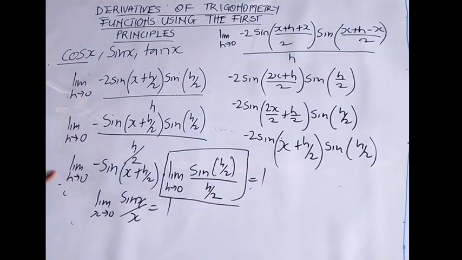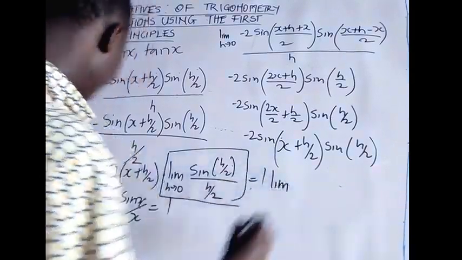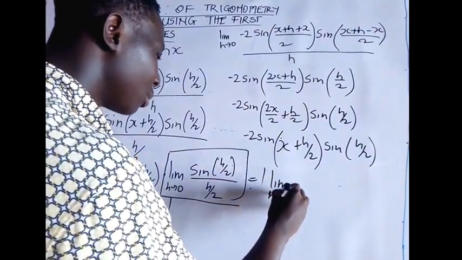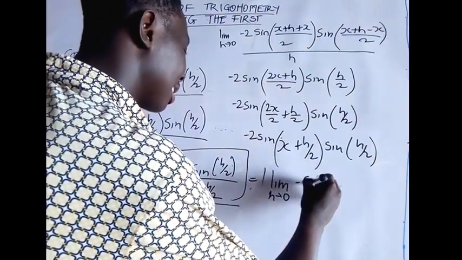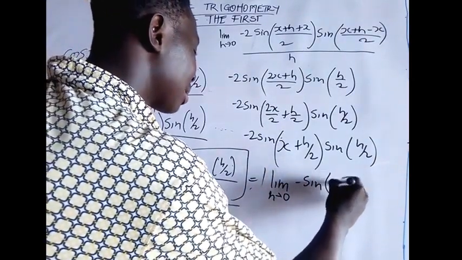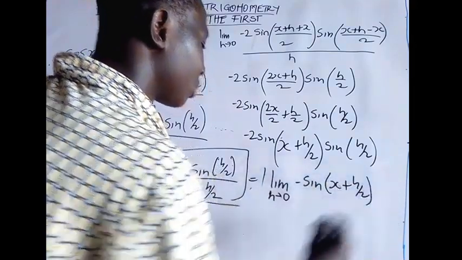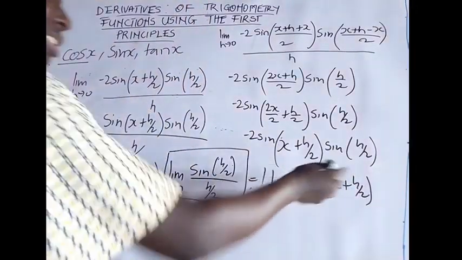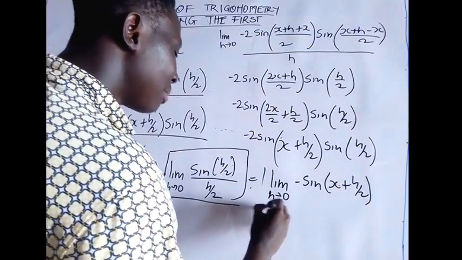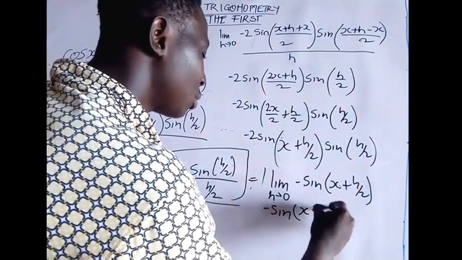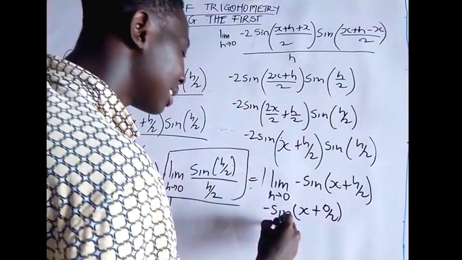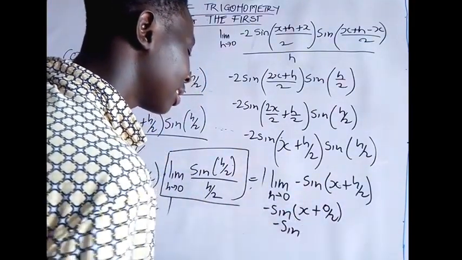So we get the limit as h approaches 0 of minus sine of x plus h over 2. So here we fix in our zeros, we get minus sine of x plus 0 over 2, which gives us minus sine x.